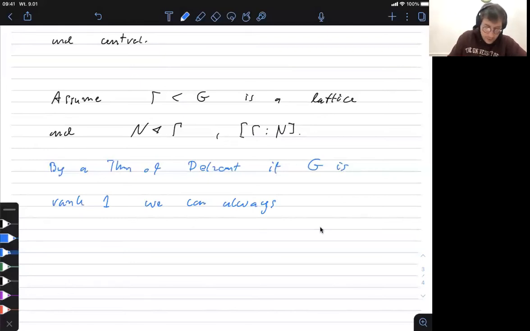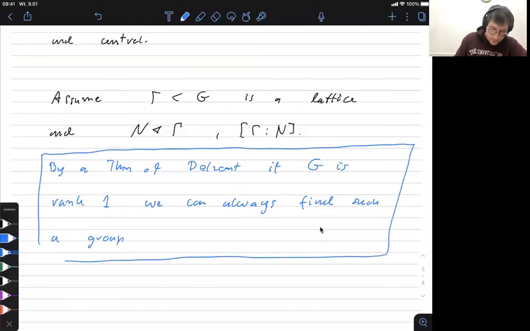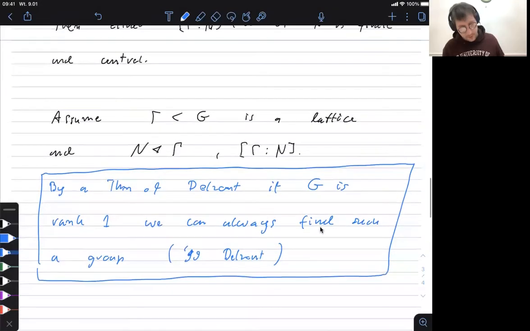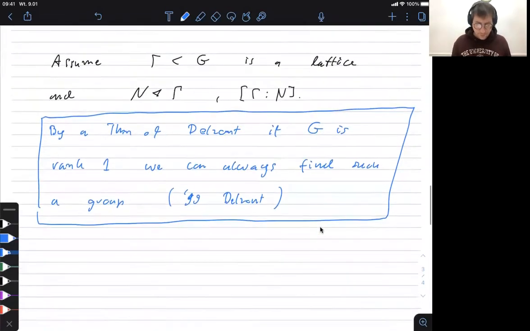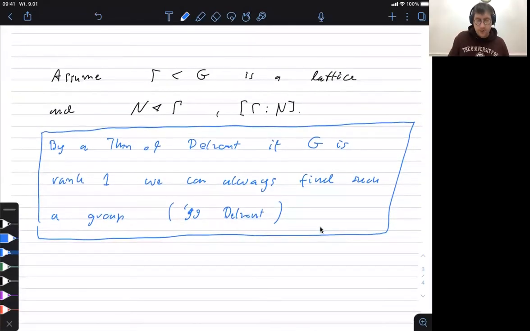It's kind of an interesting thing. I think this is a paper from 99, I might be wrong, Delzant, probably published in Duke. Okay, it's a nice paper. More than that, he even shows that this normal subgroup can be made free, and the quotient can be made hyperbolic. So this is very strong.